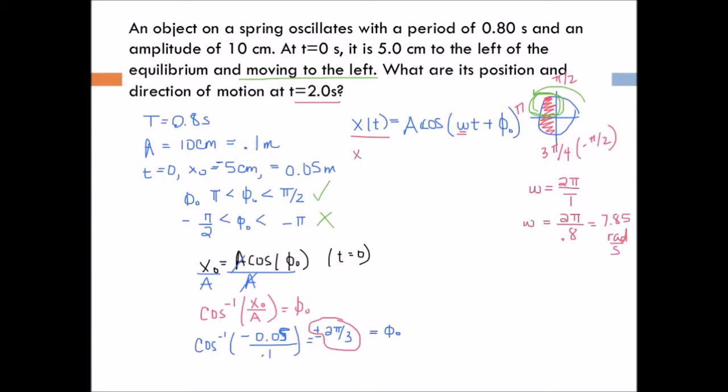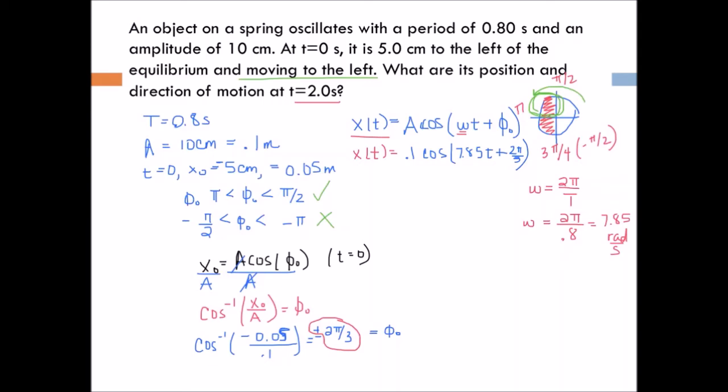So I can rewrite my position function with all of my given information and now my solved omega. So again, the amplitude was 0.1 meters. Omega is 7.85. I want to go ahead and just put t back in there so we have a general function. And my phi naught is 2 pi over 3.